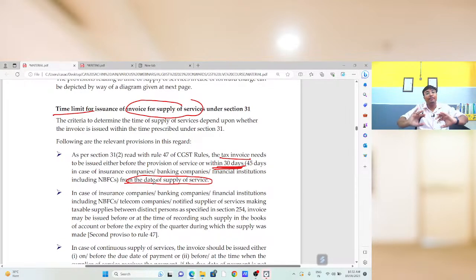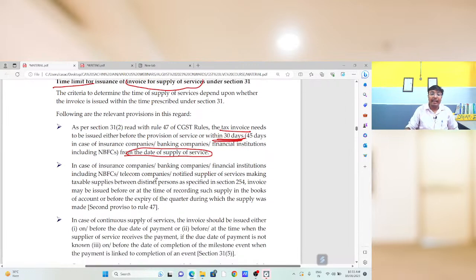So in case of supply of services, within 30 days of the date of supply of services, I need to issue the invoice. And in case of banking company, insurance company, financial institution, 30 days की जगह पे there is 45 days to issue the invoice.